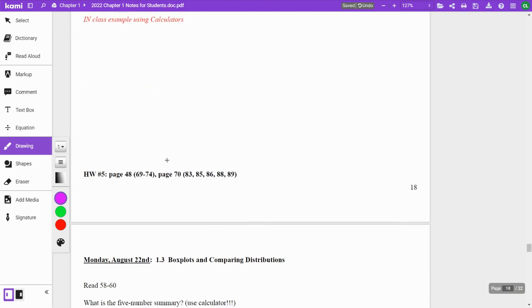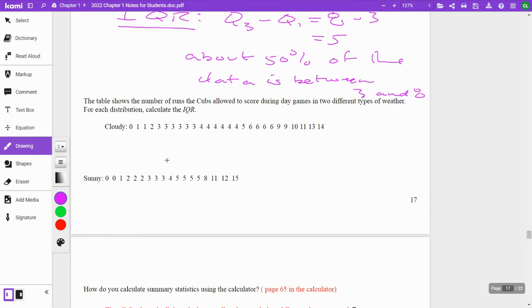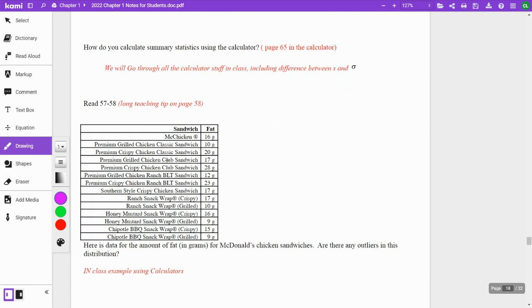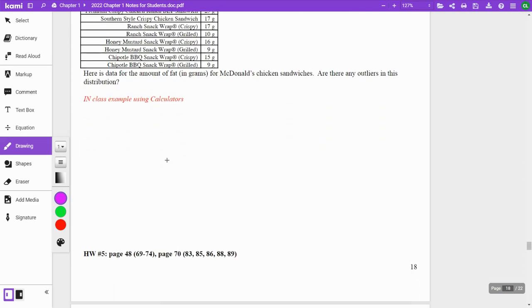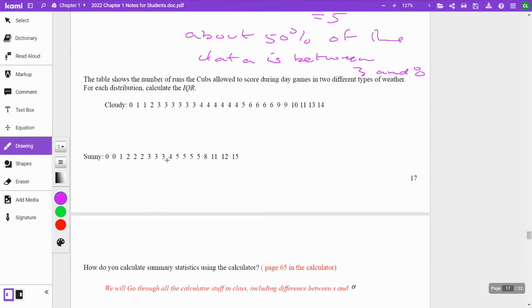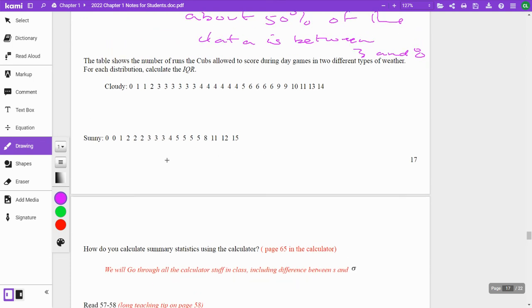All right, let's see what we got. Here we go. All right, coolio. So we're getting crazier, and I didn't know where we're at on the notes. So let's just tackle this one here. Summary of statistics. What I would like to do with you guys is let's just calculate the IQR. You guys calculate the IQR on this one, and you can check with me.